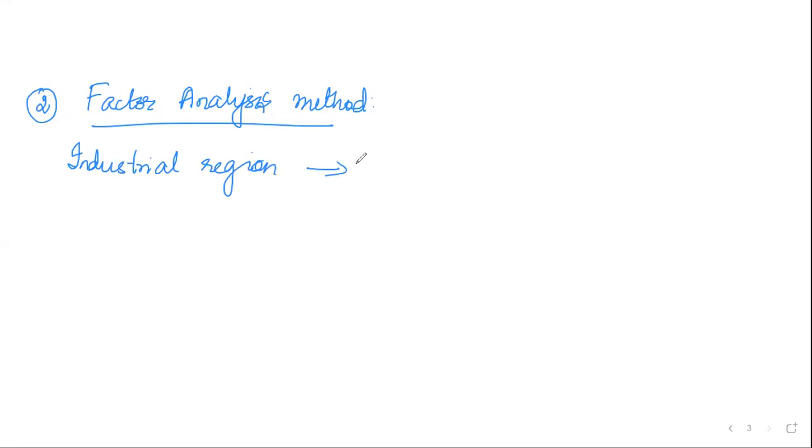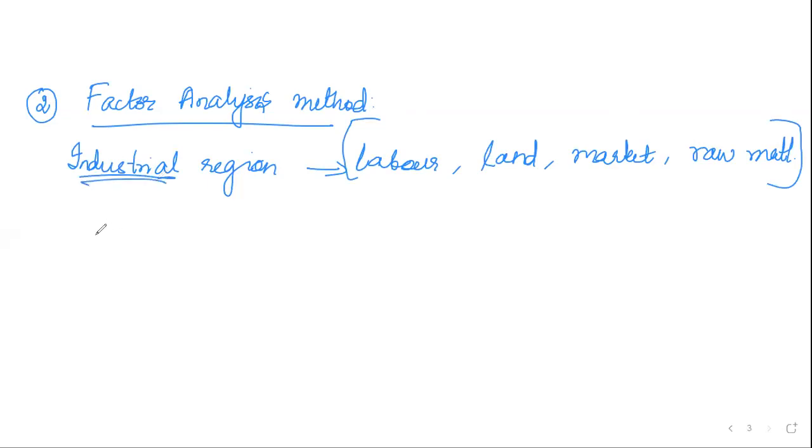Let me tell you. Labor is one factor. Land availability is one factor. Maybe I can talk about market availability or raw material availability. These are all factors which will influence the location of an industry.